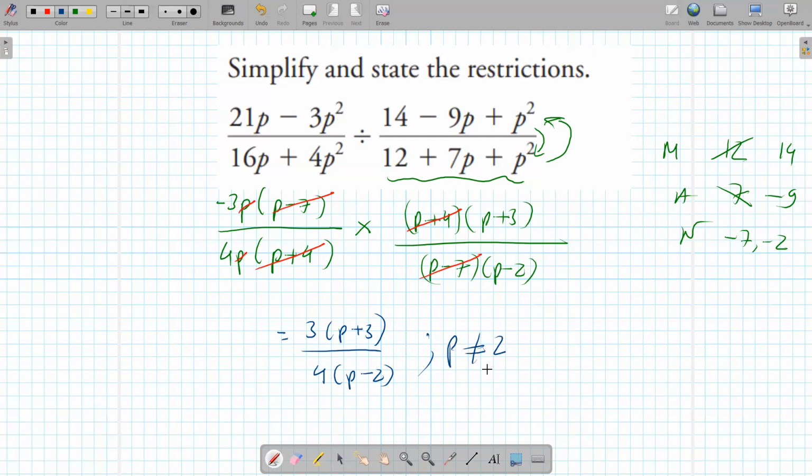It can't be negative 3. Okay, so that one is, but it's in the numerator, right? Can we not have a 0 in the numerator? I think you kind of fluked this one. Yeah, it's negative 3, but only because this is a division here.